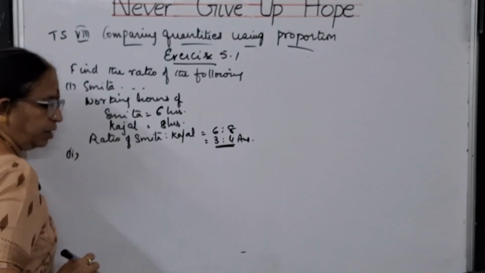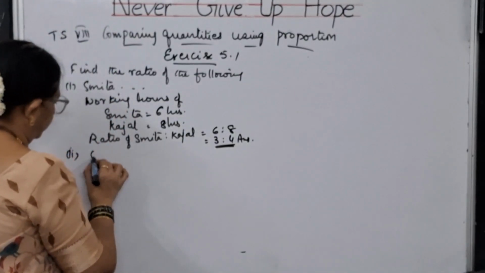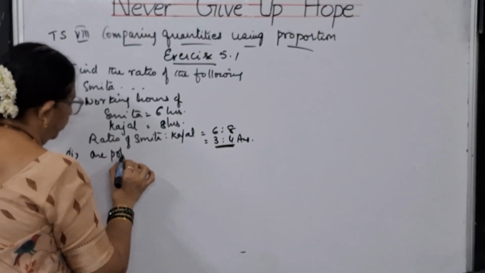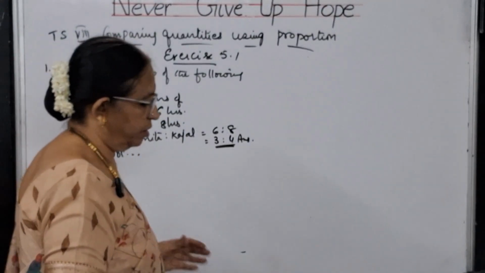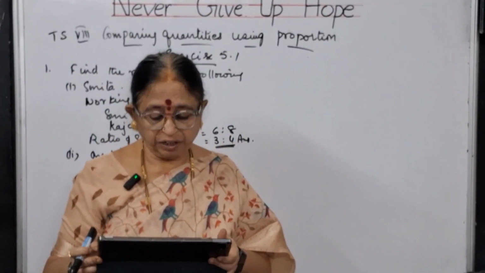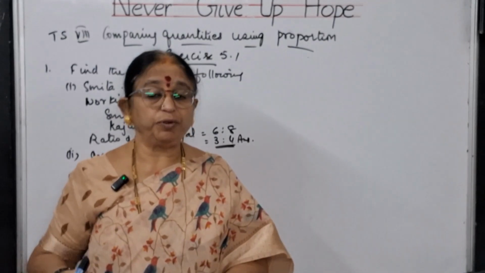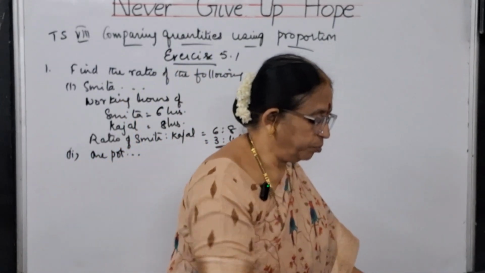And second bit, 1 pot carries. 1 pot, let me read. 1 pot contains 8 liters of milk, while the other contains 750 milliliters of milk.